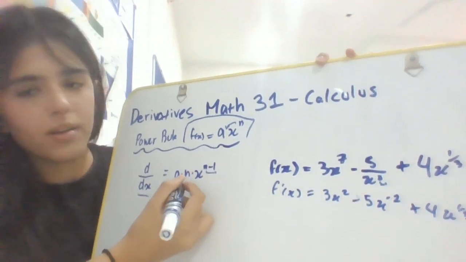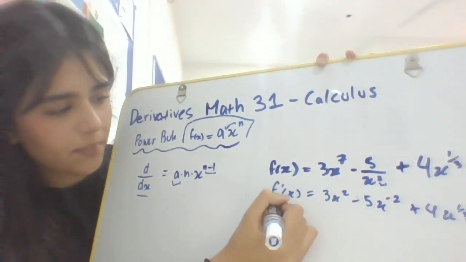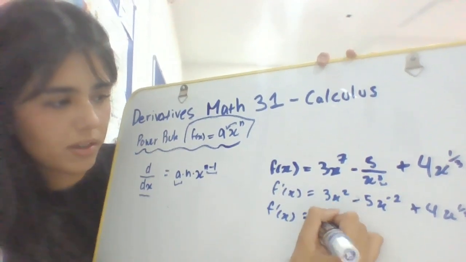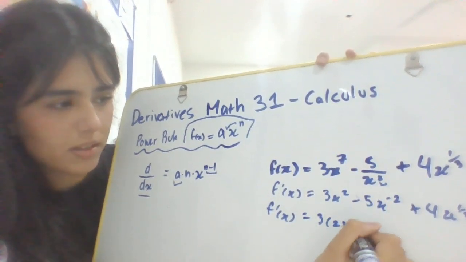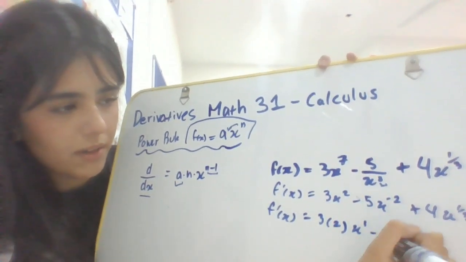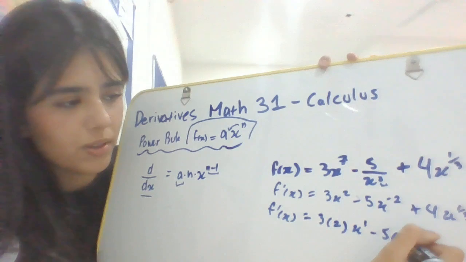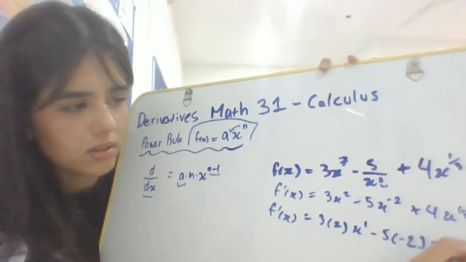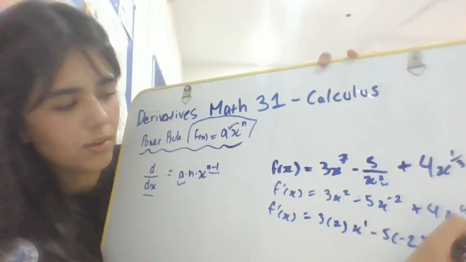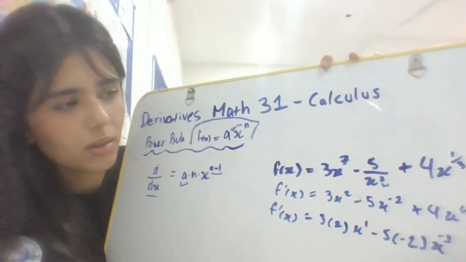Now you'll just simply apply the power rule again. So f prime of x equals 3 times 2x to the n minus 1, 2 minus 1 is 1. Minus 5 times negative 2. You'll bring the negative 2 down, x. You know that negative 2 minus 1 is negative 3, so this will be to the power of negative 3.